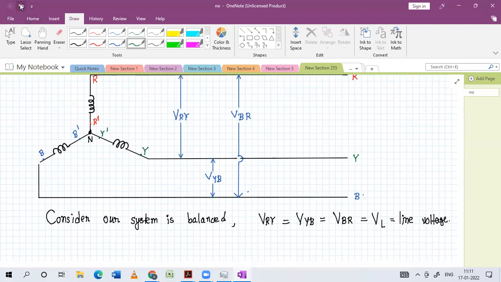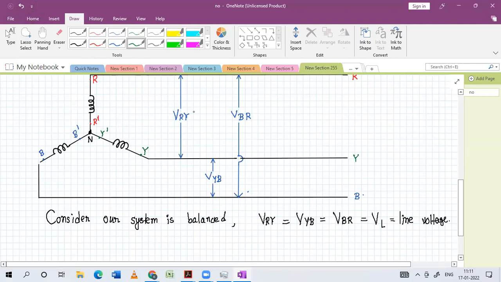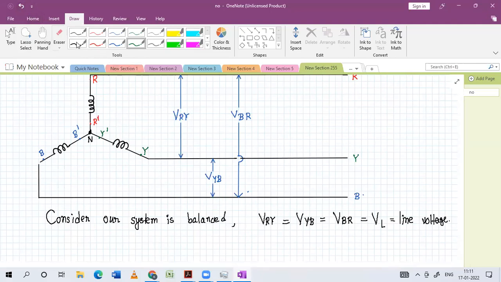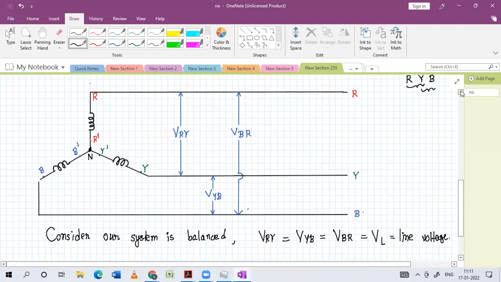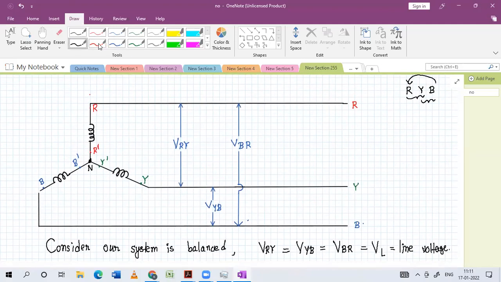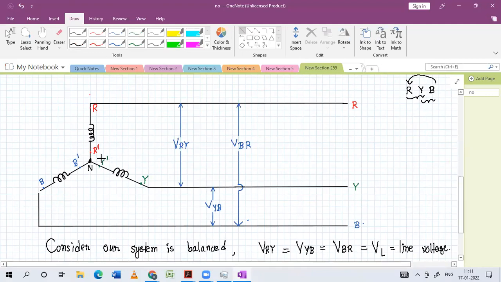Now I will take one line from the neutral, and that is your neutral. So what is the definition of phase voltage? The voltage between any one phase and neutral is your phase voltage.